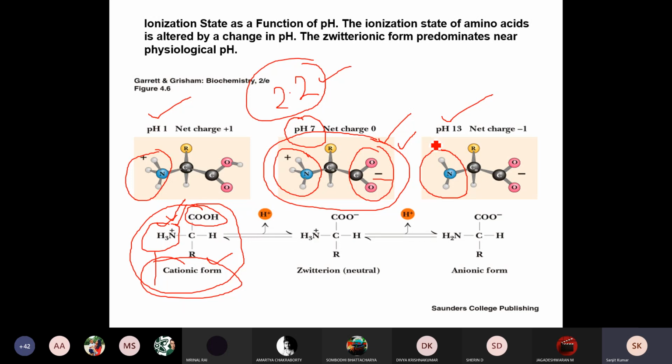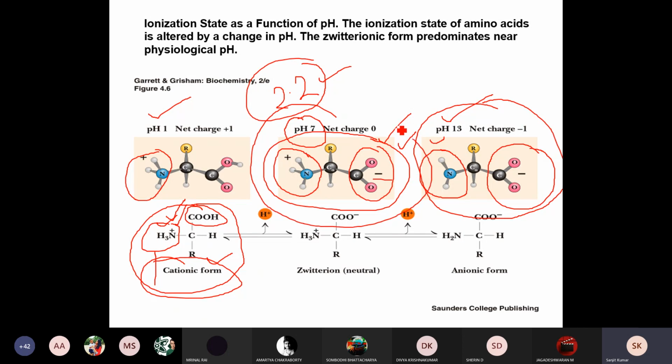It will be neutral, zero, but here it will be minus. Then what is the net charge at pH 13? Negative. Minus. So at pH 7, this glycine has a zwitterion formation.